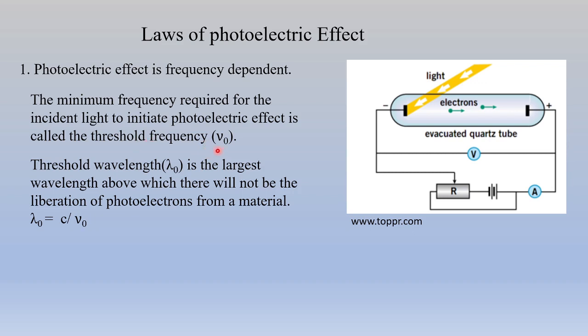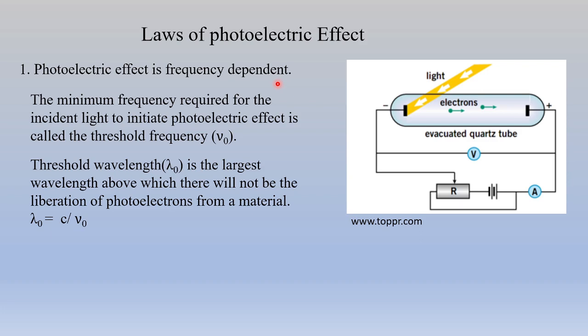Usually we represent the threshold frequency as nu zero. So if nu zero is the threshold frequency, then the threshold wavelength lambda zero can be expressed as c by nu zero. From this we can see that the photoelectric effect is frequency dependent.